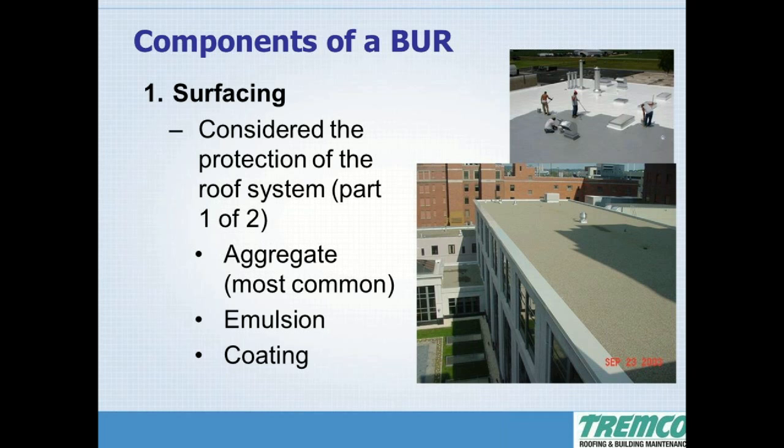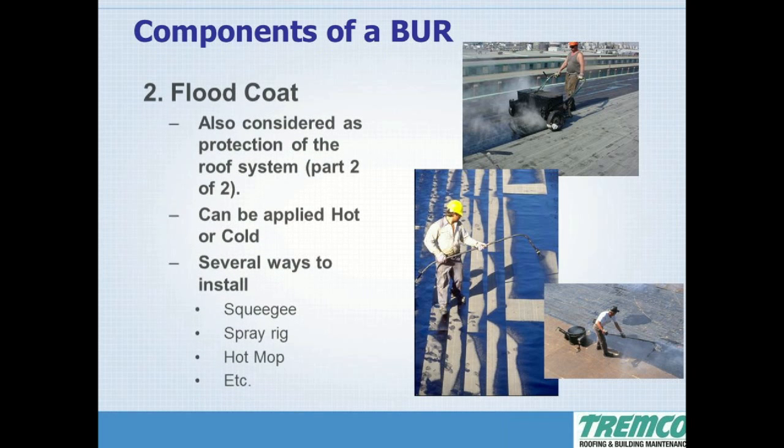But you'll also see some built-up roofs finished with an emulsion and loose granules or aggregate, or you'll see a finished coating on top of the system. So not every built-up roof has aggregate and a flood coat. There are other options there.